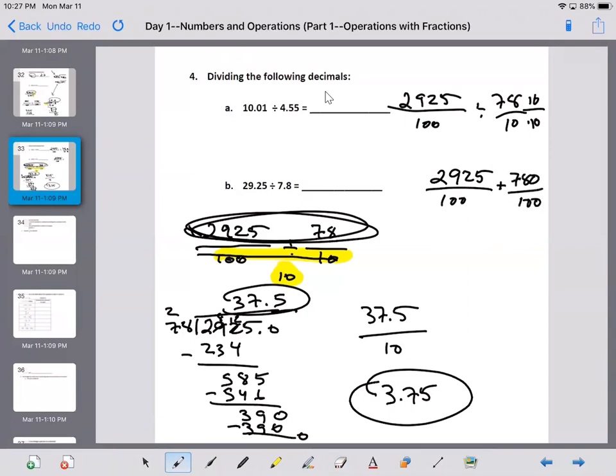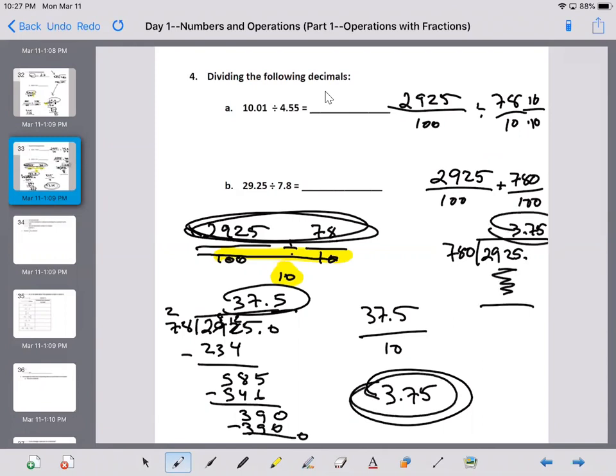So when I take 2,925 and divide it by 780, I would actually get 3 and 75 hundredths when I complete the math. So I'm going to get the same answer, just with two different methods. The goal with dividing decimals is that you want your divisor to be a whole number.